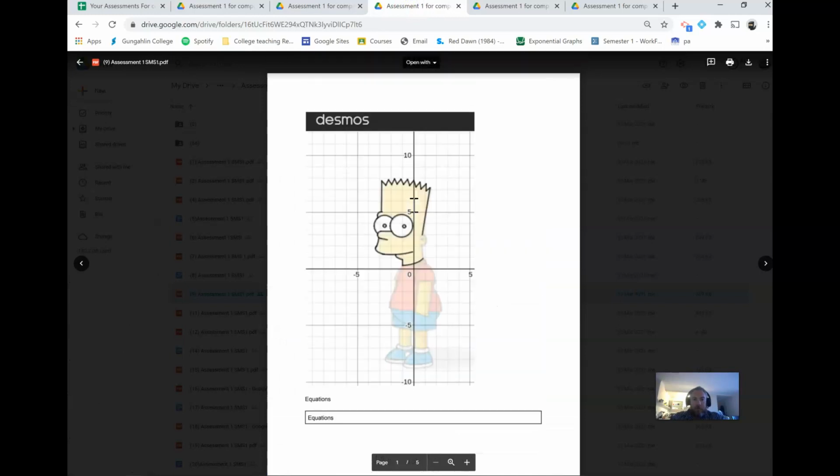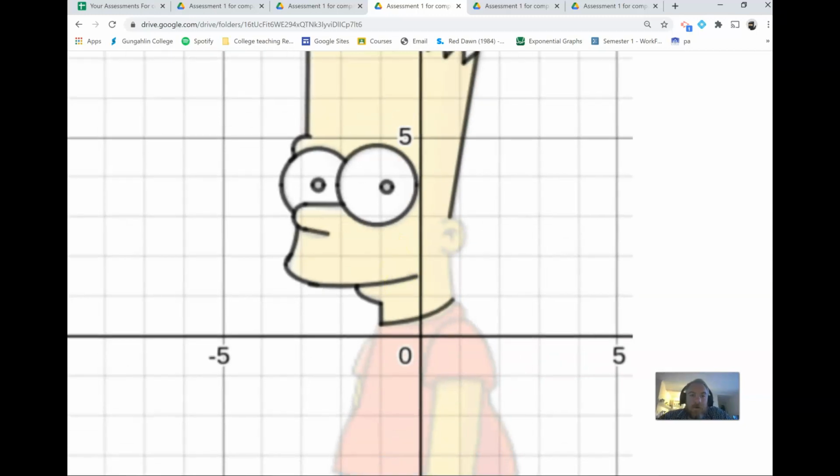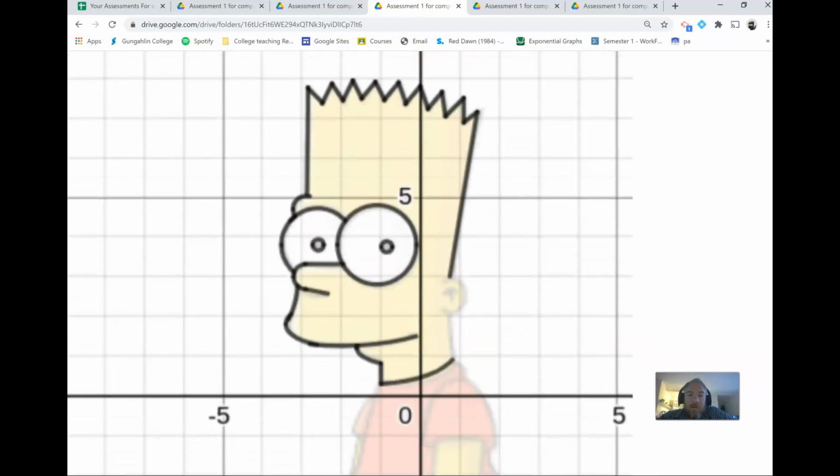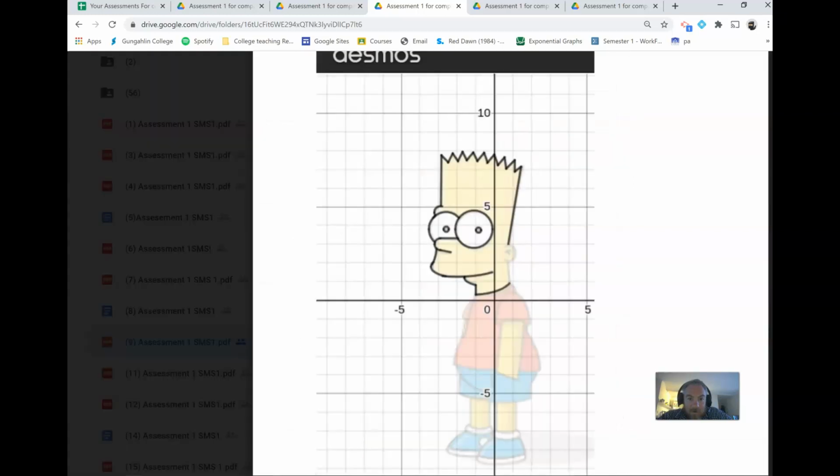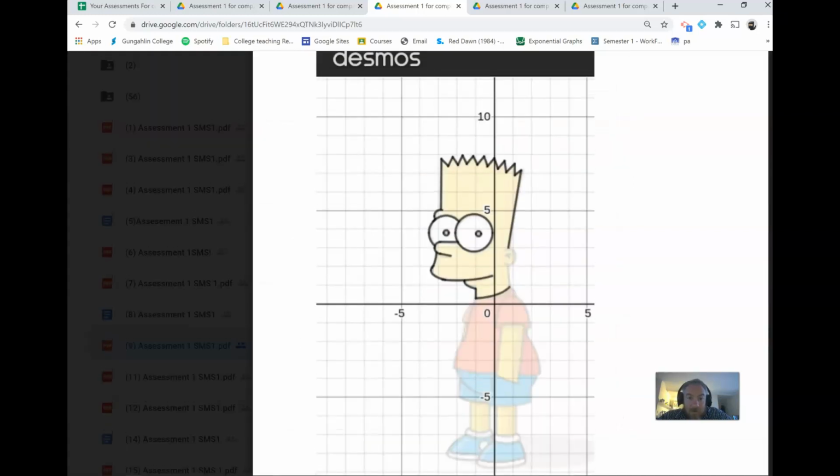Okay, next one. This again is a very solid effort. It's got some good circles. I like Bart's nose. It all matches up and is very precise. Someone's taken a lot of care and attention to get the lines right, which is really good to see.